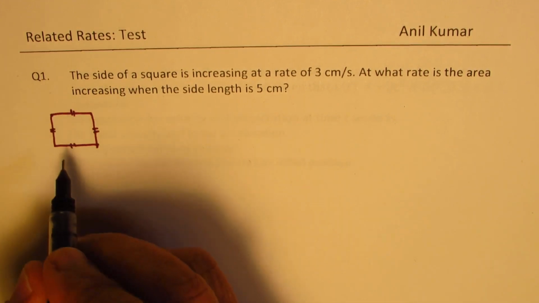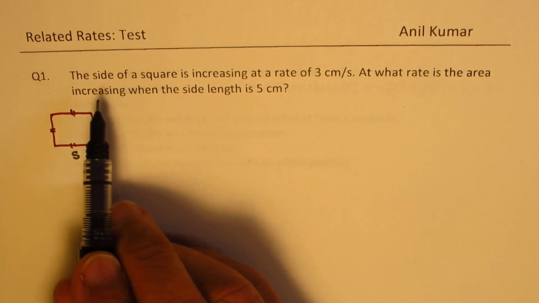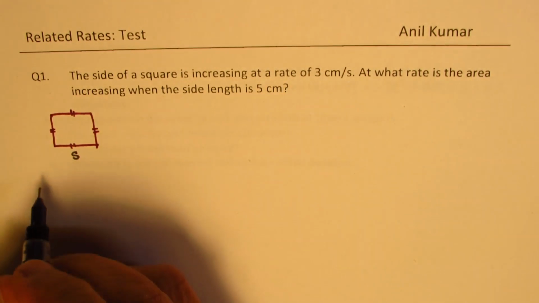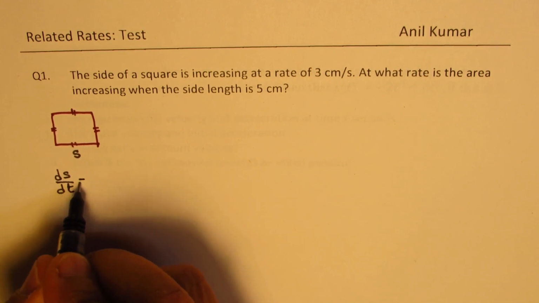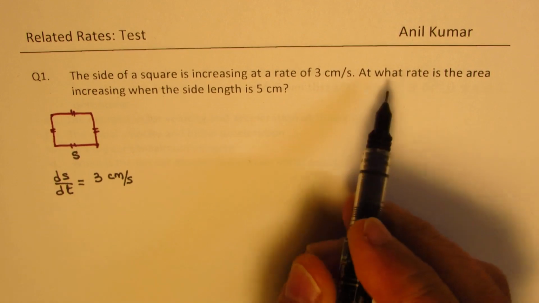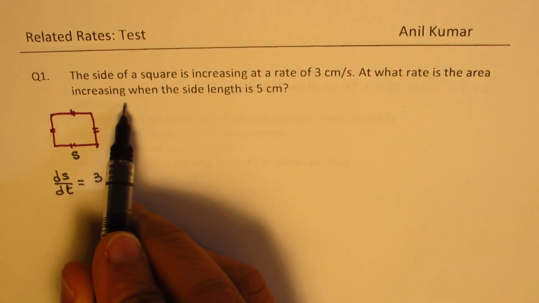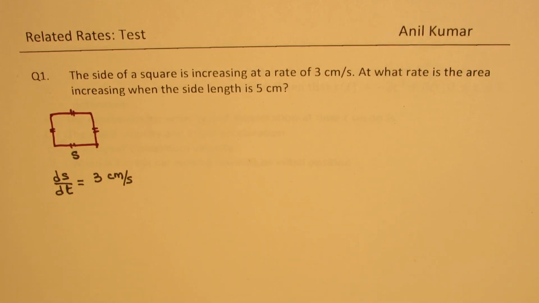So this is our square whose side lengths are s each. The side of a square is increasing at the rate of 3 centimeters per second. That means ds/dt is 3 centimeters per second. At what rate is the area increasing when the side length is 5 centimeters?